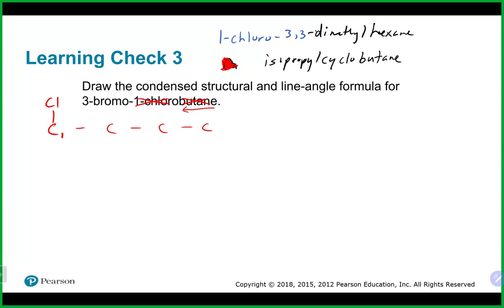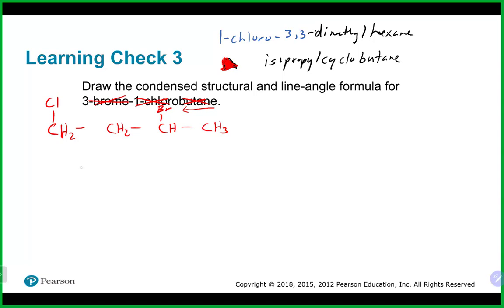At carbon number 3, I should have a Br. Now everything else is just going to be hydrogen. So this one will need 3, this one will need 1, that will need 2, and this one will need 2. And that would be our condensed structure. Any questions on that one?